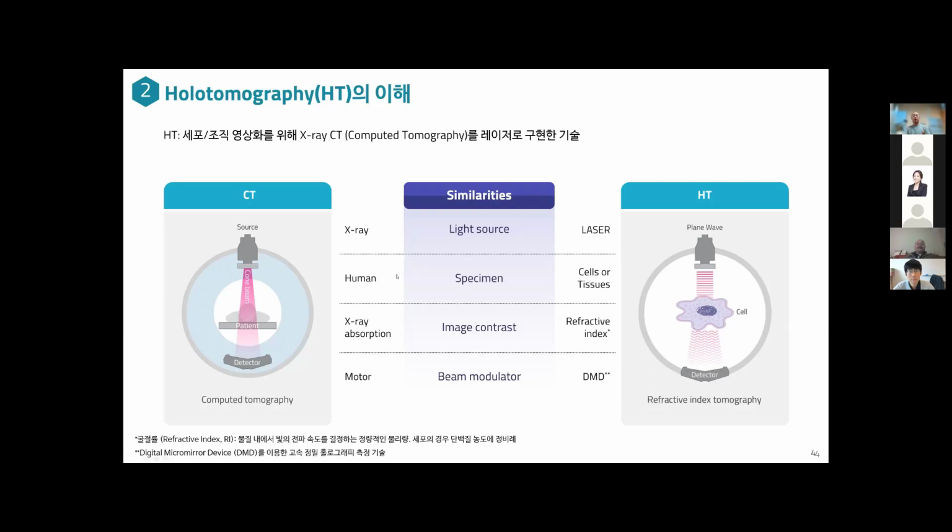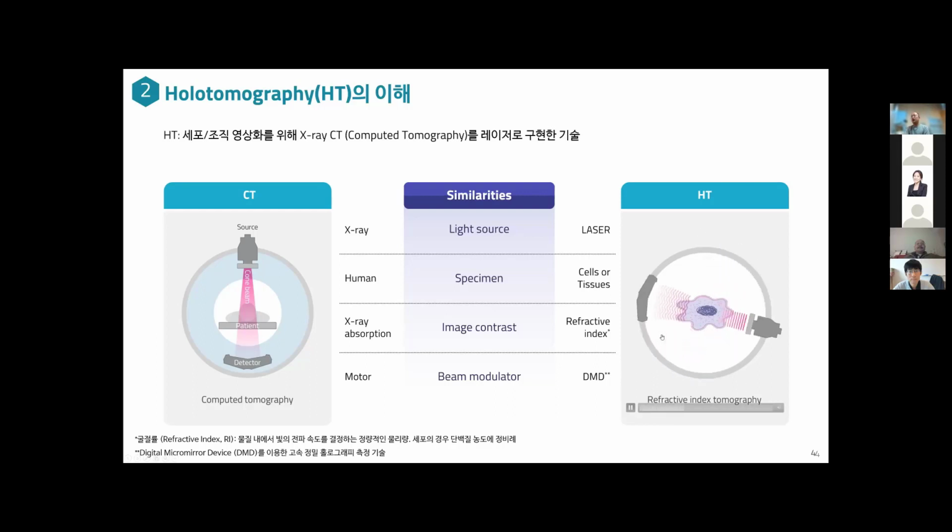This is the optical version of X-ray CT, the computed tomography system. So in CT, you measure multiple 2D X-ray images as a function of illumination angle, and then the computer reconstructs a 3-dimensional distribution of X-ray absorptivity, from which medical doctors can make decisions by knowing which part is bone and tissue, etc. In HT, we use a coherent laser beam, such as from helium-neon lasers or diode lasers.